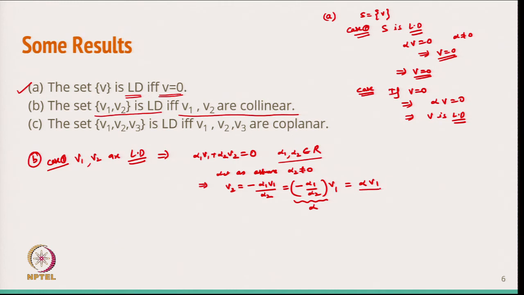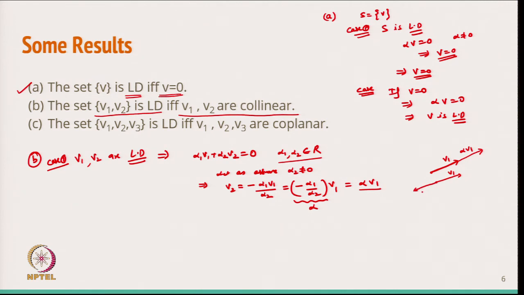So, in that case my vectors, suppose this is my V1, and suppose this is the point. Now, my V2 can be this, it is alpha V1, or suppose this is my V1, then I can have a negative of that one.